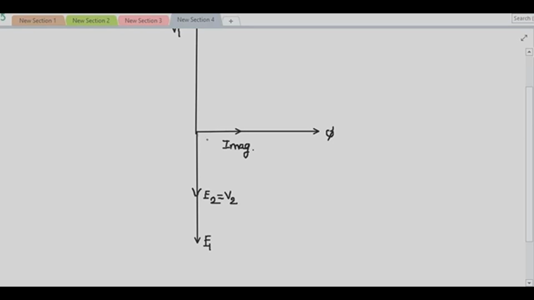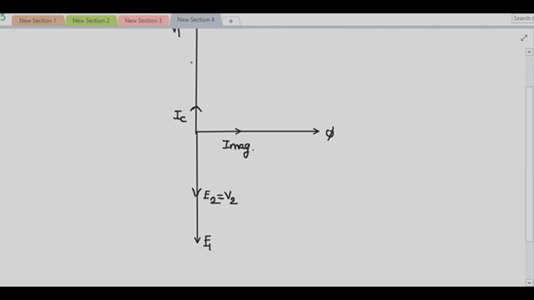Now the current taken from the supply is not only magnetizing; the no load current consists of two components. The core loss component or power loss component IC is in phase with minus E1.